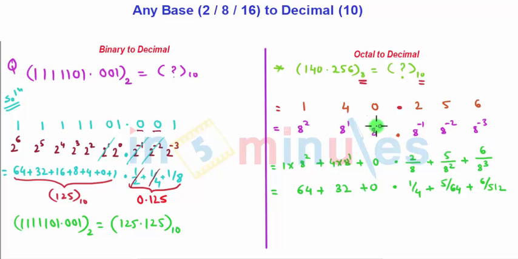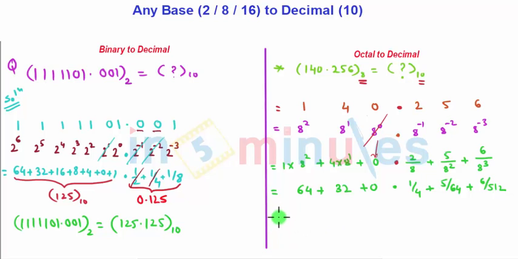Since 8 raised to 0 corresponds with 0, this term will be cancelled, hence the addition bit is 0 written here. This will be 4 into 8 raised to 1, 1 into 8 raised to 2, decimal point as it is, then 2 into 8 raised to minus 1, that is 1 upon 8, that is nothing but 2 by 8. This will be 5 by 8 square, this will be 6 by 8 cube, that is 5 by 64 and 6 by 512.